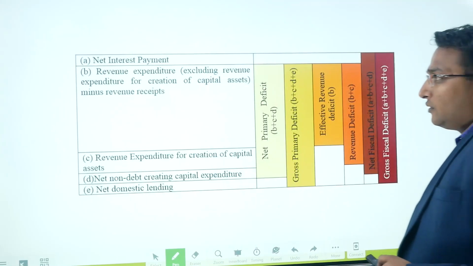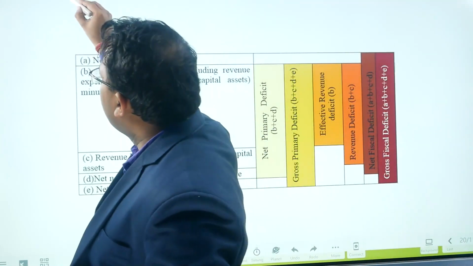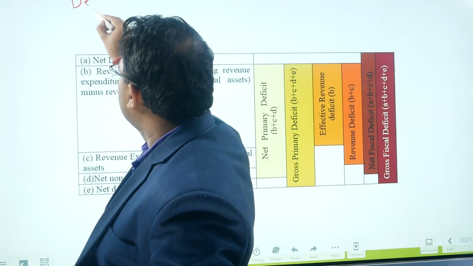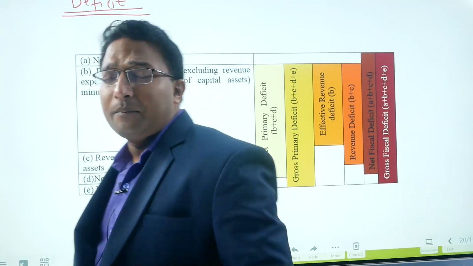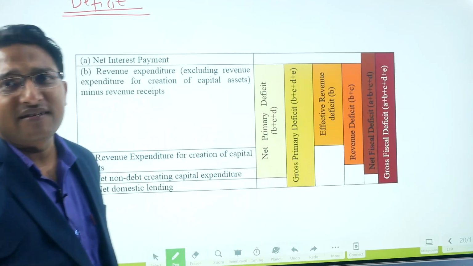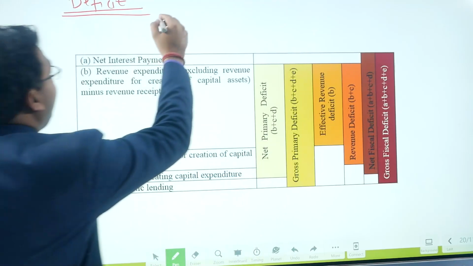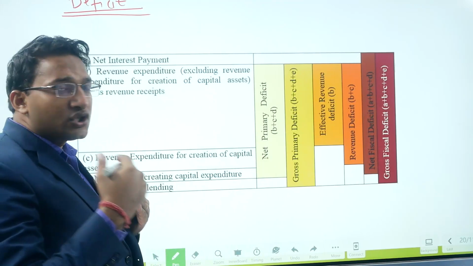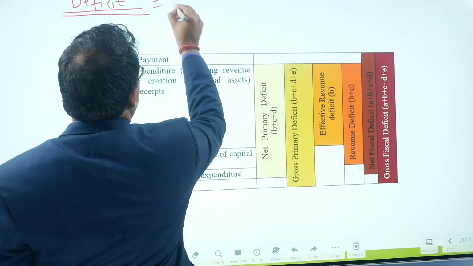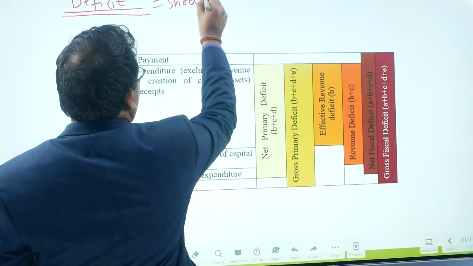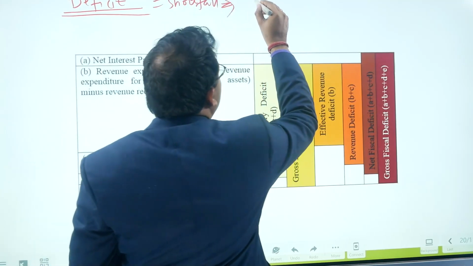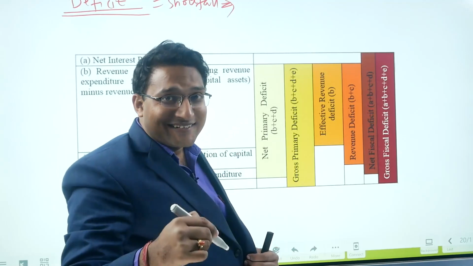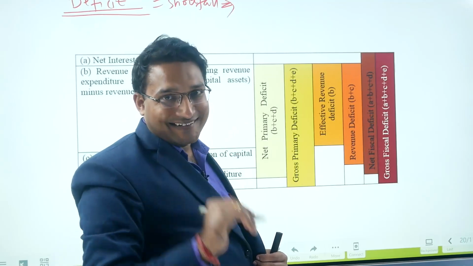Now, there is a concept called deficit. What do you understand by the term deficit? Deficit means shortfall. Shortfall here indicates the shortfall of receipt compared to expenditure.